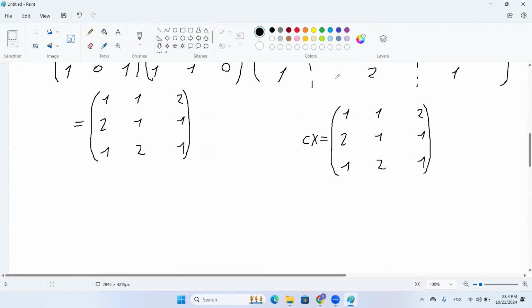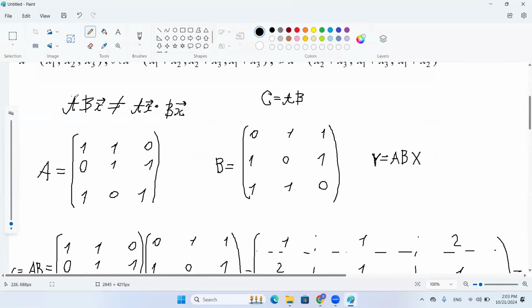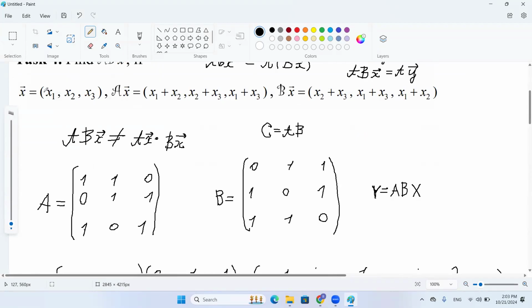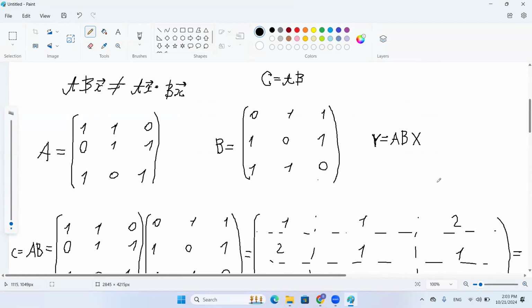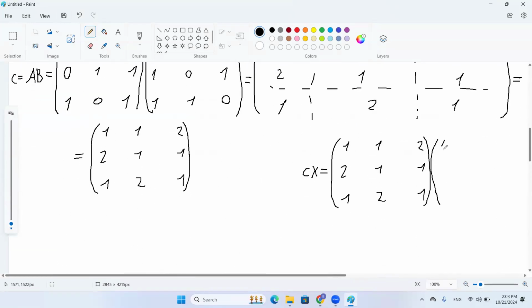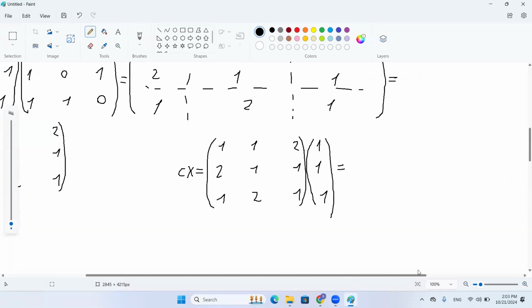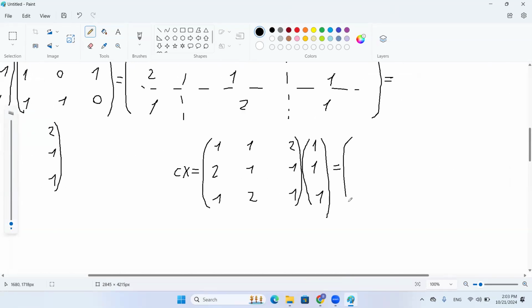And let's look at the coordinates of the vector. So 1, 1, 1. What we have, it will be just a vector column.